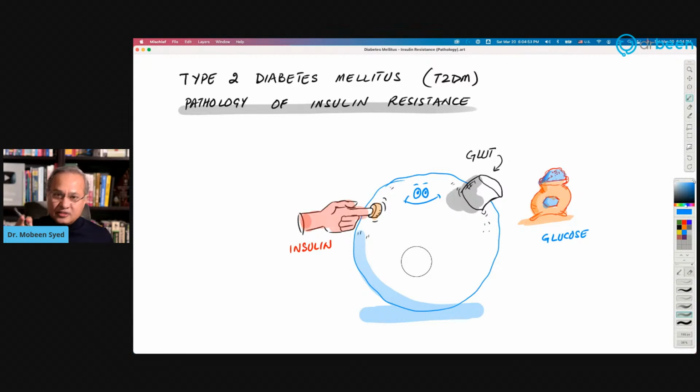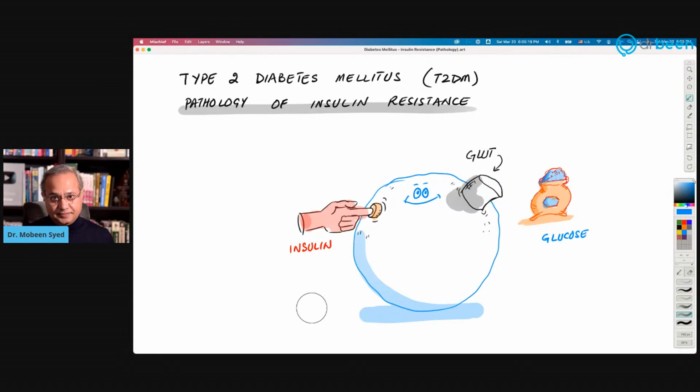When you ring the doorbell, there are people inside the home who would listen to that bell and then go and open the door. Just like that, when the insulin binds to the receptor, there are internal mechanisms that become activated inside the cell. Eventually, the glucose transporter opens up, and that allows the glucose to get into the cell. That glucose will then be used to make energy and do the cell functions.